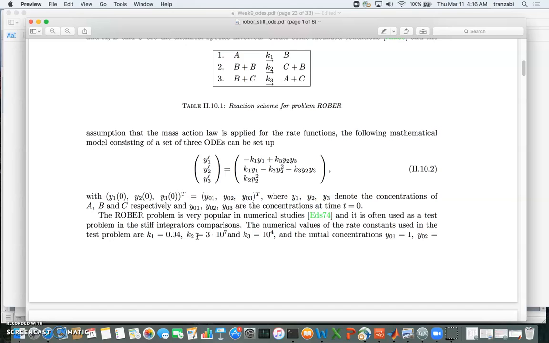If you use the large one, we cannot resolve the fast reaction. If you use the small one, we're going to use a lot of computational time, which is not necessary for the reaction with the large time scale. At the same time, if we use large delta t, then we cannot resolve the variation of species of the reaction with the large rate constant.